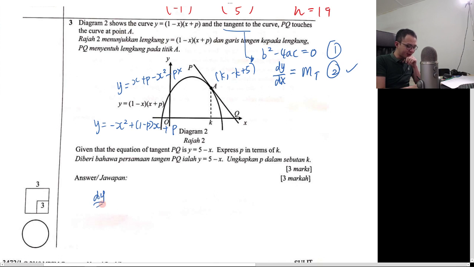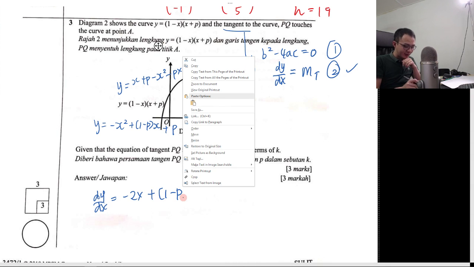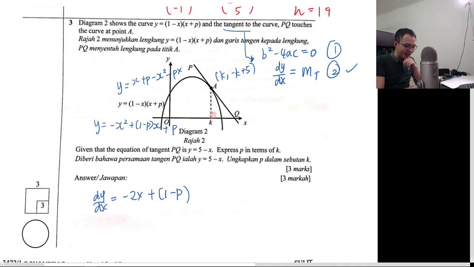So if I differentiate the curve here, I should get -2x plus 1 minus p. And I know that my x value is k at the point A. So when x equals k, my gradient should equal -1.